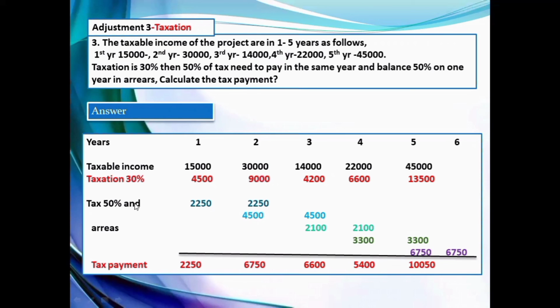Likewise, we calculate tax with 50% paid in the same year and another 50% in arrears. Then the total tax payment became: first year 2,250, second year 6,750, third year 6,600, fourth year 5,400, fifth year 10,050.